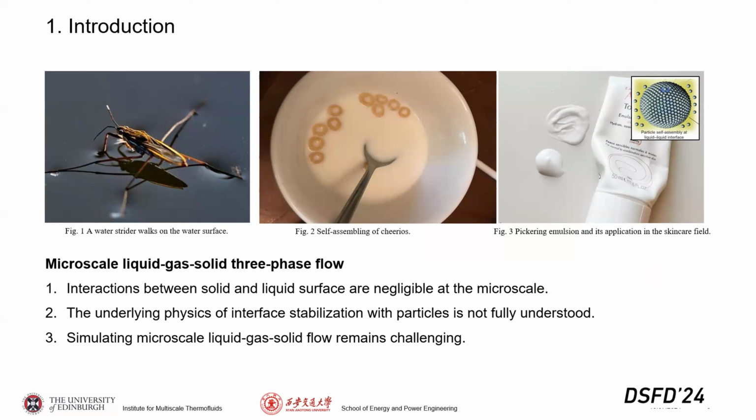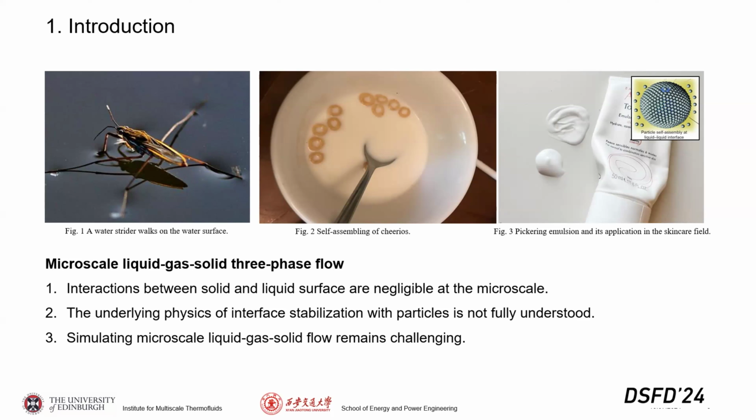For example, in the first figure, the water strider uses the surface tension to balance against gravity, so it can walk on the water surface. The second picture represents a very interesting phenomenon called the Cheerios effect. The cheerios self-assemble on the surface of milk, gather together, and are distributed along the edge of the bowl.